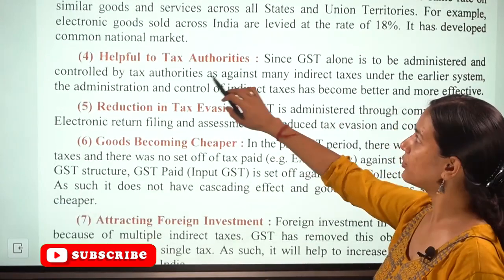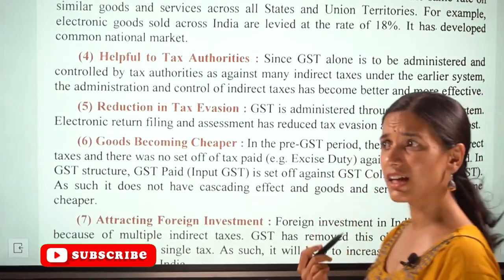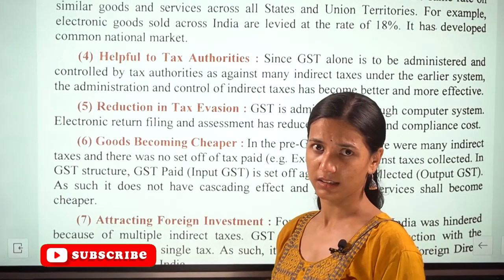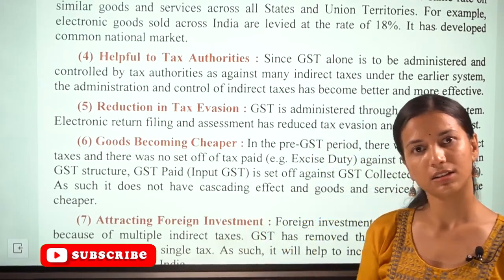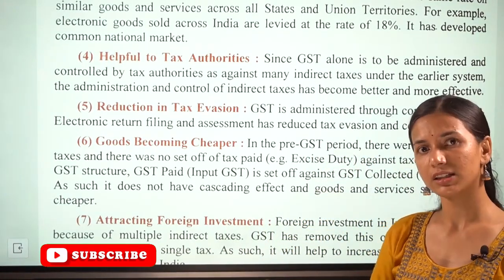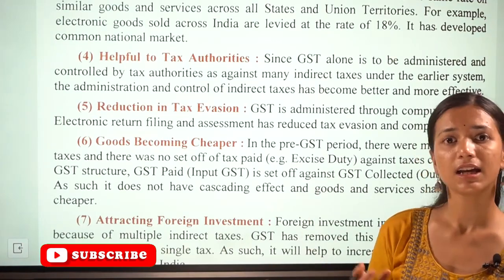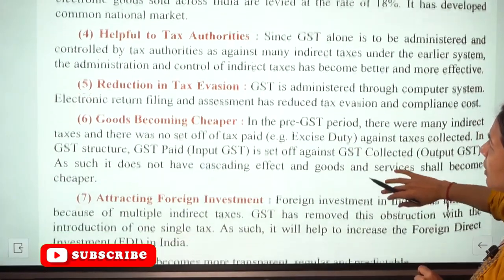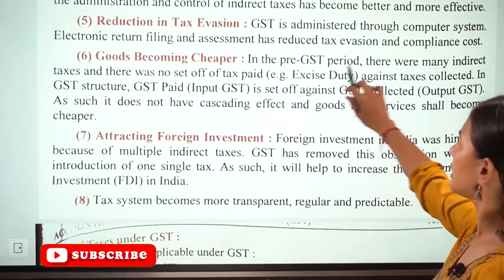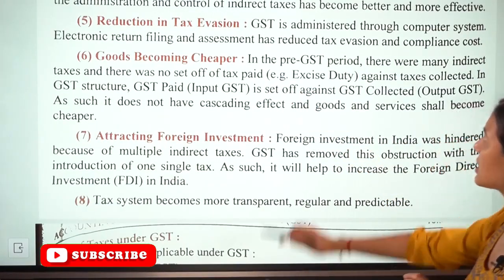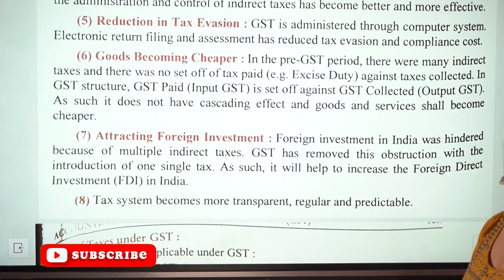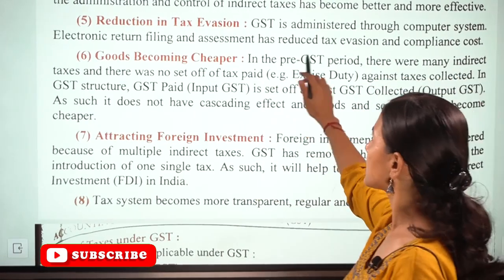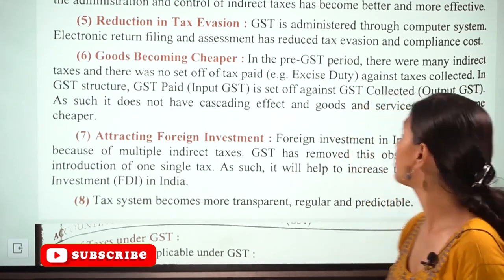Next we have helpful to tax authorities. Since there are not many taxes, only the GST, calculation has become very easy. So the tax authorities have saved a lot of time. Next we have reduction in tax evasion. GST is administered through a computer system, and electronic return filing and assessment have reduced tax evasion and compliance cost.